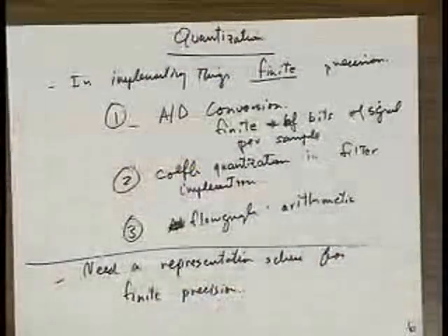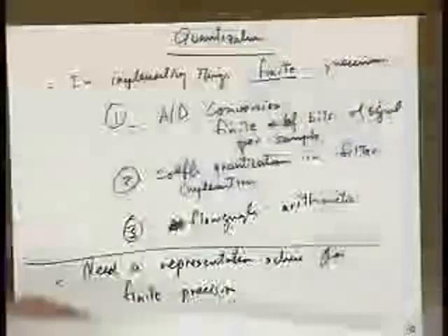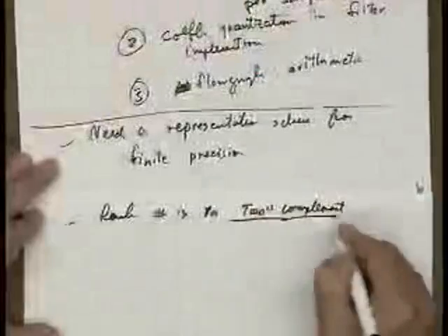There's one's complement, there's two's complement, and many other ones. But the one that we'll talk about in this lecture today is two's complement. So we represent real numbers in two's complement, and I'll explain what that is in just a second.